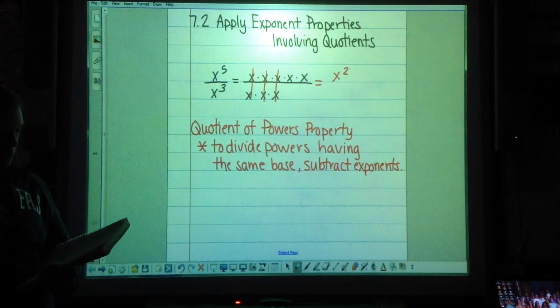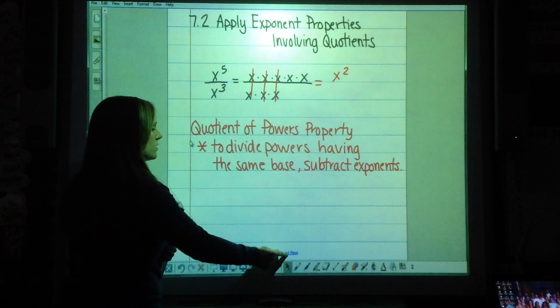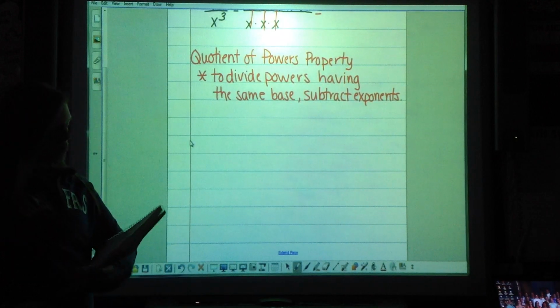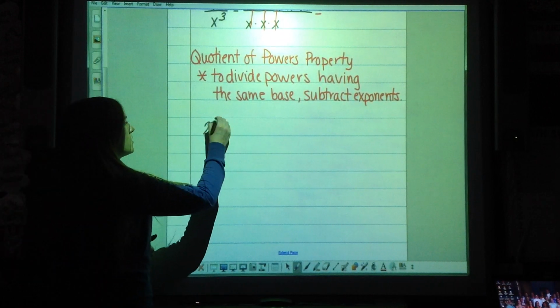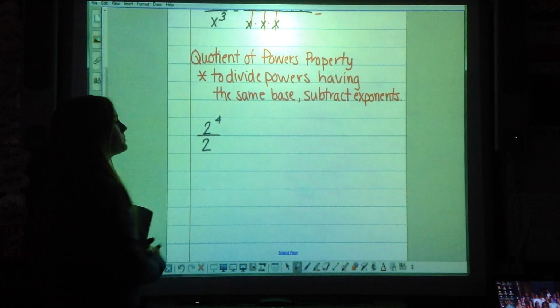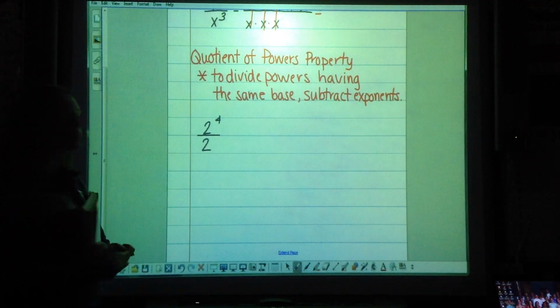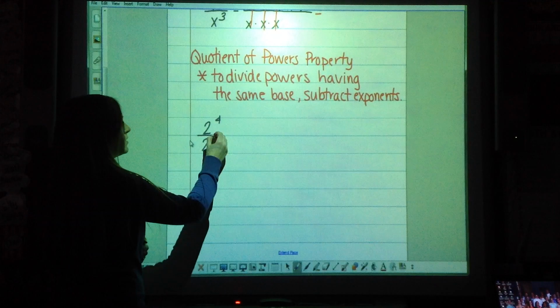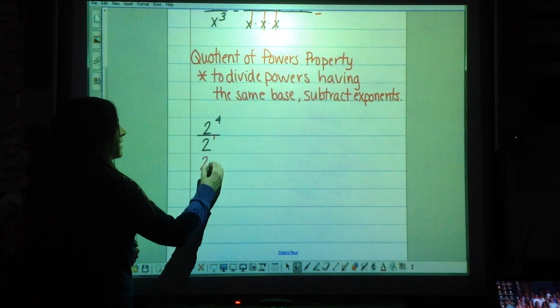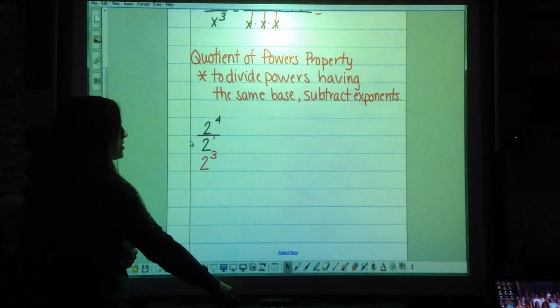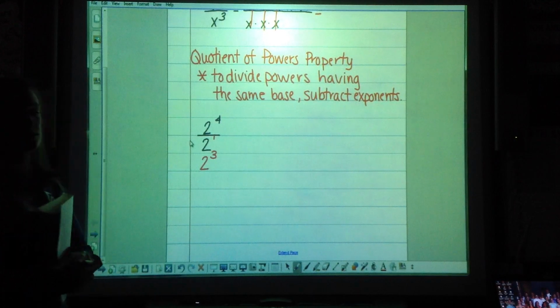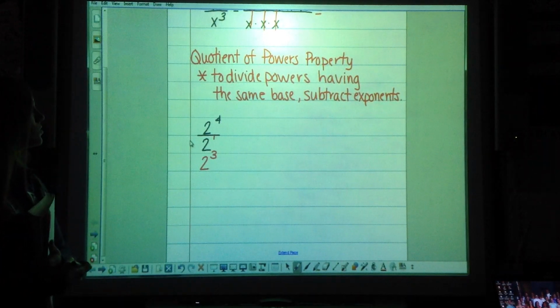Let's do some more examples. Let's try 2 to the 4th over 2. The 2 in the denominator just has an exponent of 1. Because they're the same base, we can subtract the exponents, and we get 2 cubed.